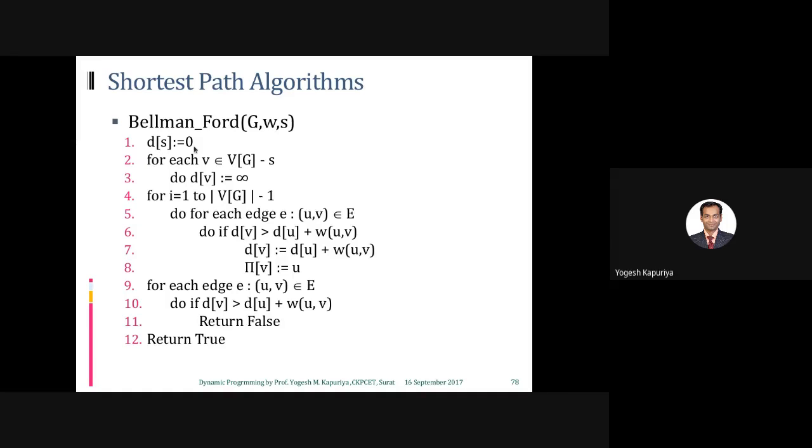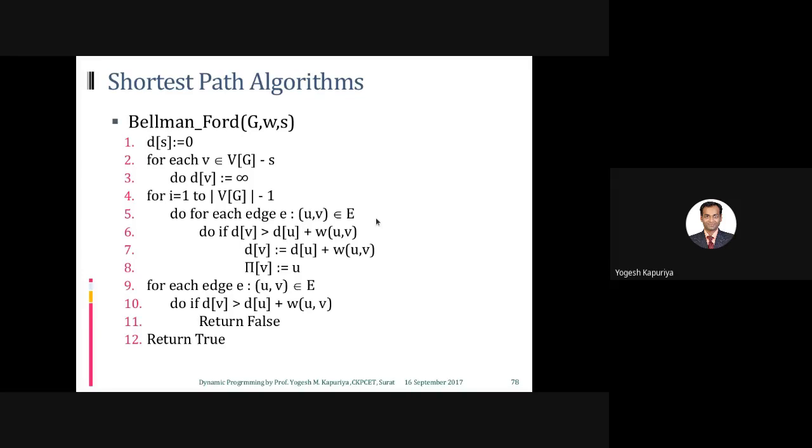So that's what we are doing. Distance of S is equal to 0, and for every other vertex of the graph, V minus S, means except the source vertex, the distance is infinity. Now it's a simple for loop. You are doing it for 1 to V of G minus 1, that means the number of vertices of the graph minus 1.